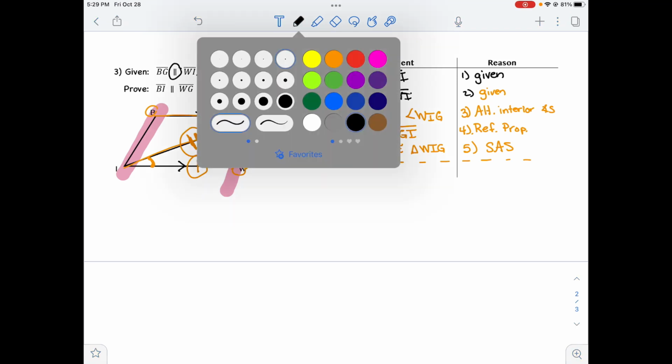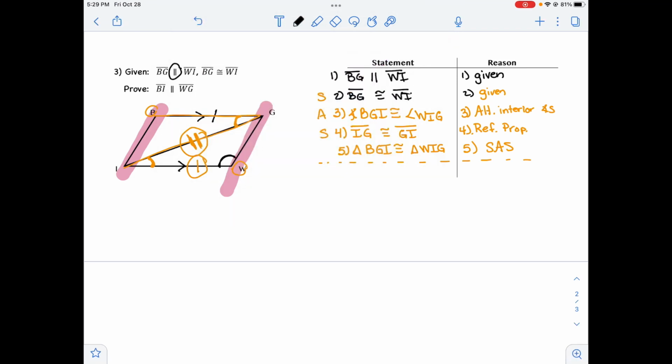We actually have to have the proof of here and here. Okay, we have to have that proof. And we also have to have the proof of here and here. Now these outside ones aren't as important as the ones that share the parallel lines with our transversal, because transversals help with parallel lines. So the important one to prove is actually angle BIG.